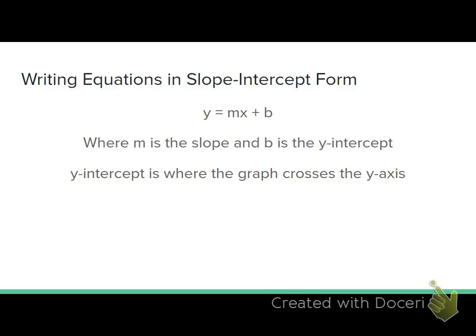All right, when we write equations in slope-intercept form, again, slope-intercept form is a review. It's y equals mx plus b, where m is the slope and b is the y-intercept. Of course, we should know that the y-intercept means that is where the graph crosses the y-axis.